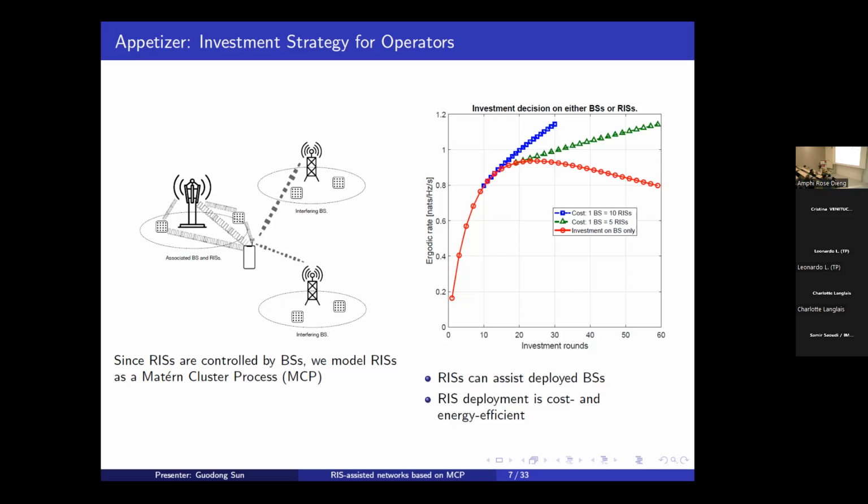Then you switch to deploying RISes. The metric here is the ergodic rate. We assume the operators are always interested in ergodic rate as the performance metric, and the return of investment is proportional to this ergodic rate.